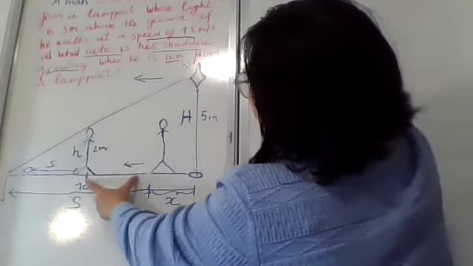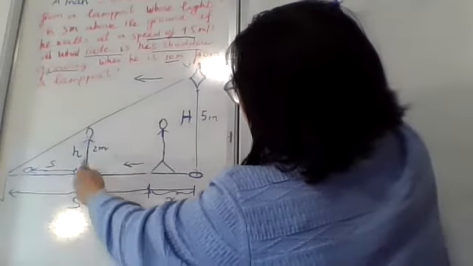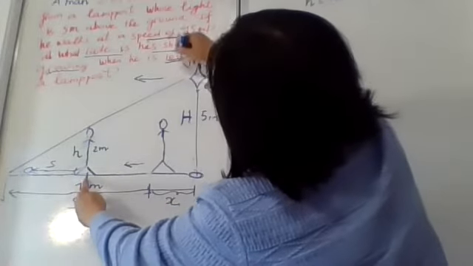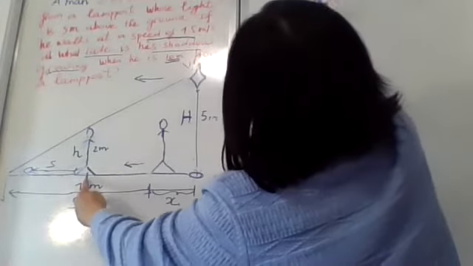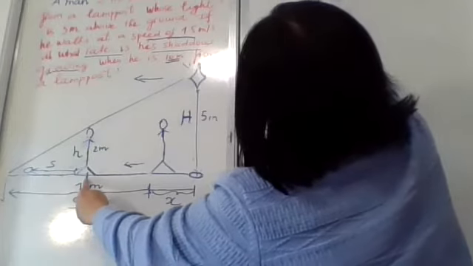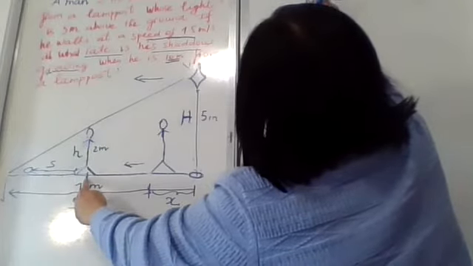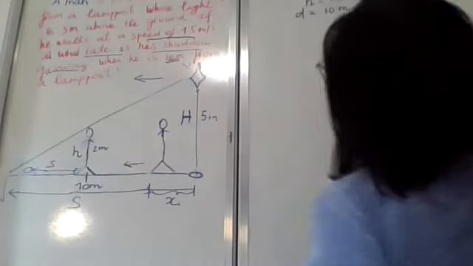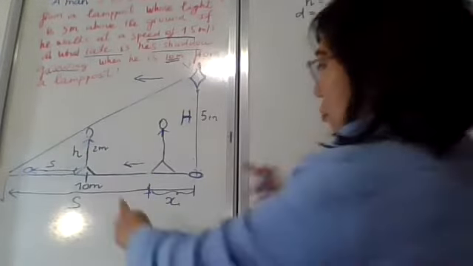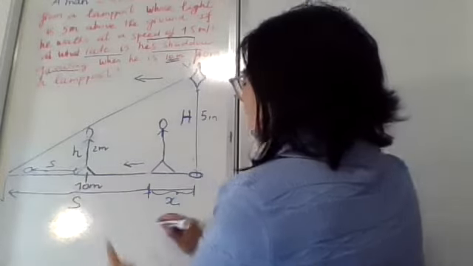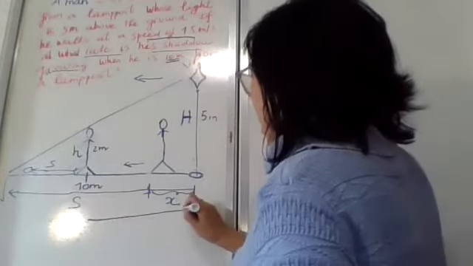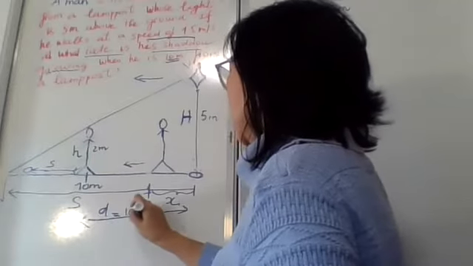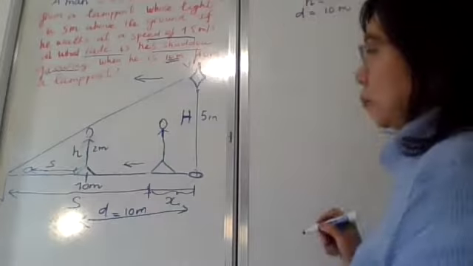They ask for the rate of change at the point where he is 10 meters from the lamppost. So the distance D from him to the lamppost is 10 meters. That's what they've given us, this distance D from here to here, so D equals 10 meters. That's what they asked for.